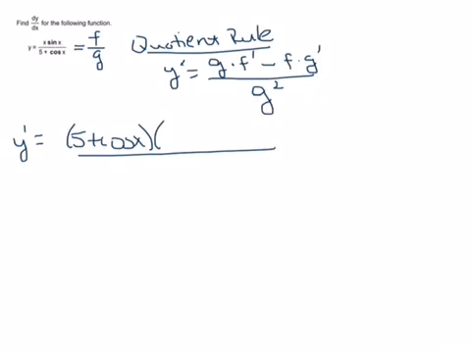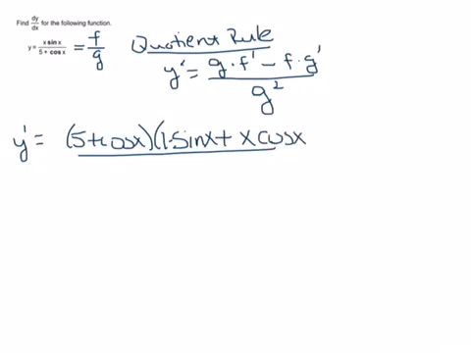So let's start by taking the derivative of x first, which is 1, and then using the product rule, keep sine the same. And then add that to x plus the derivative of sine, which is cosine.